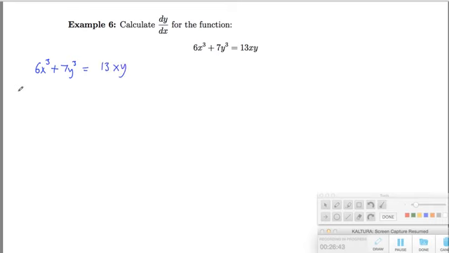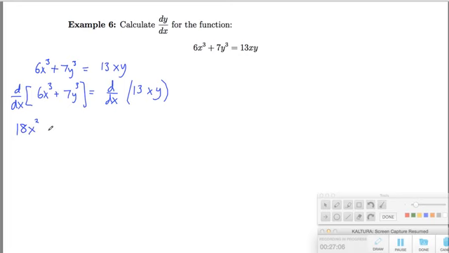Well, just take d dx on both sides like we always do for implicit differentiation. Okay, d dx of 6x cubed. Remember, there's no y there, so there's no problem. This is just our usual 18x squared.